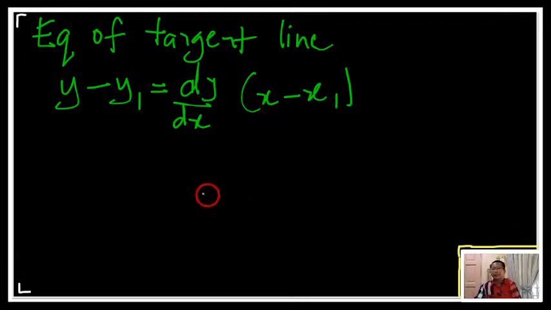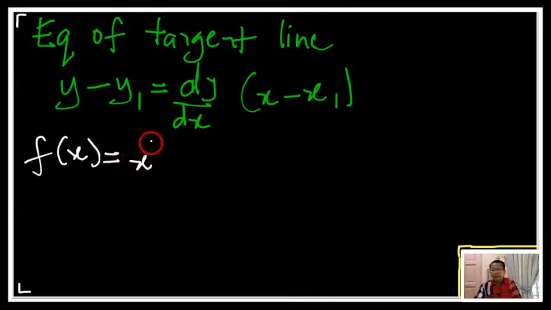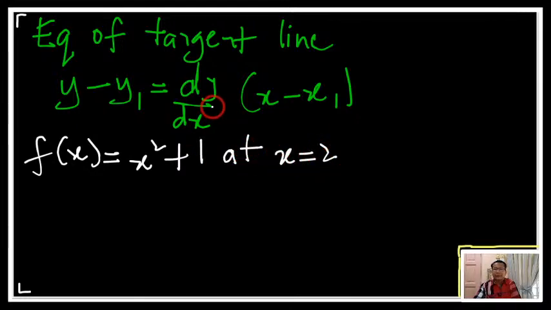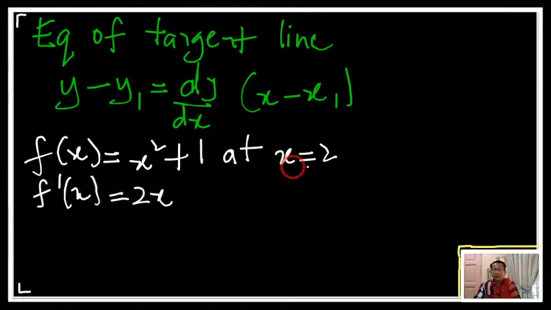So, find the equation of the tangent line of f(x) equal to x squared plus 1 at x equal to 2. First find f prime. f prime x equal to 2x. Substitute 2. So f prime 2 is equal to 2 times 2, 4.